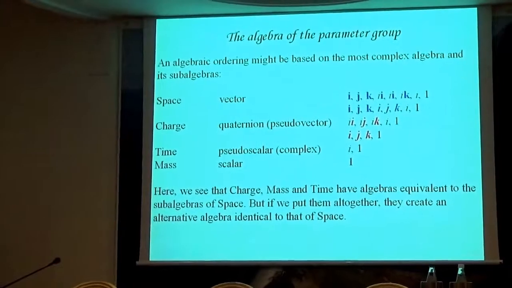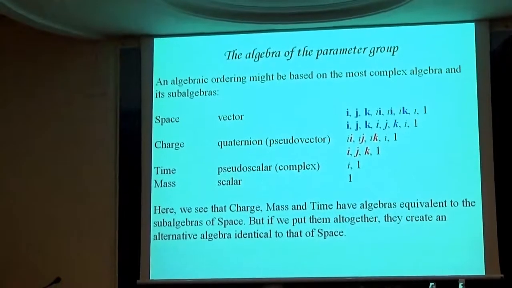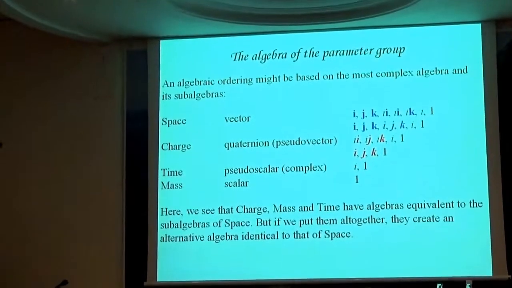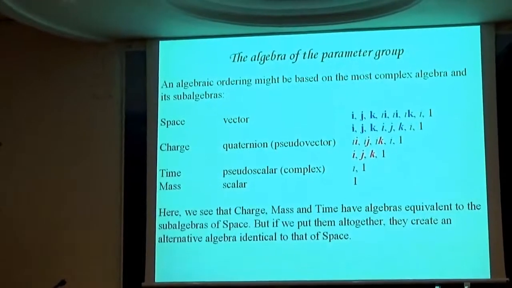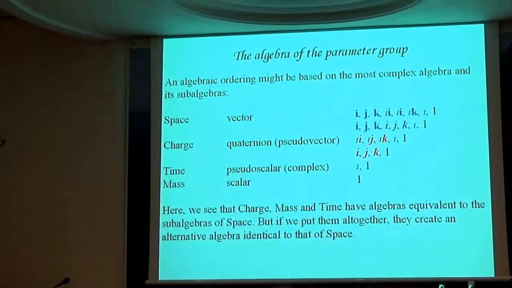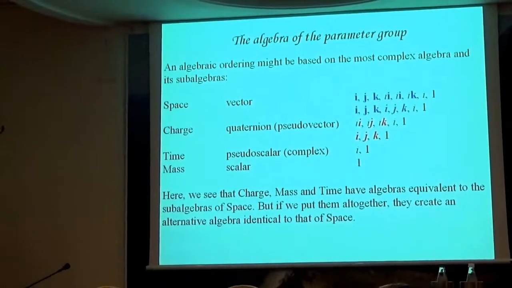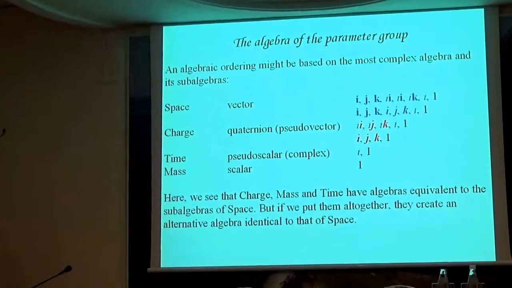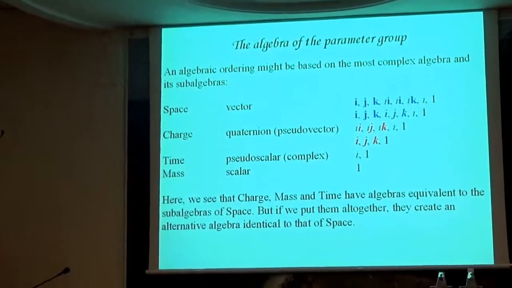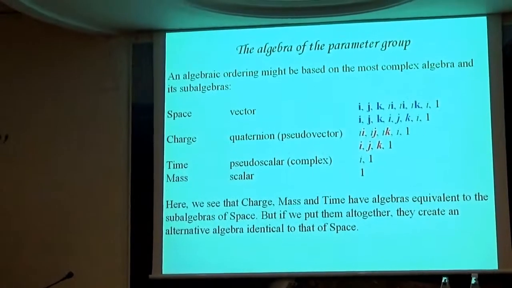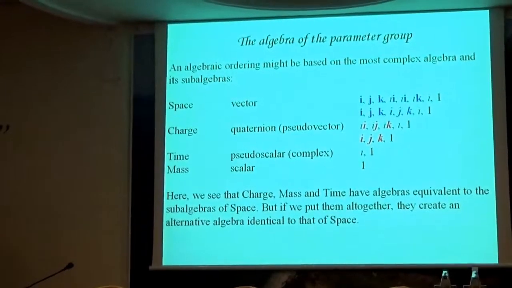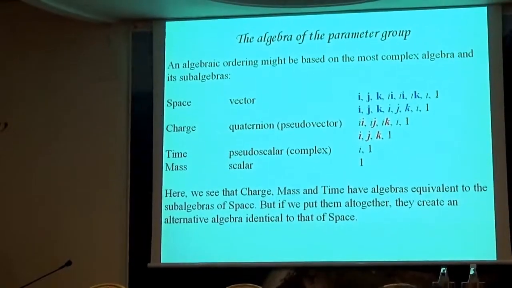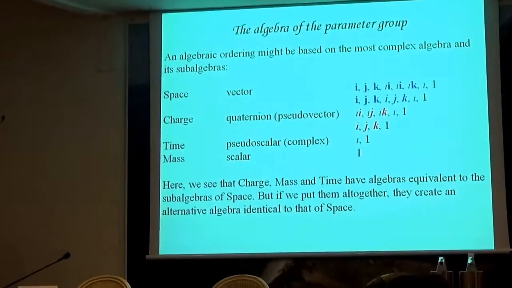If we have a vector algebra, then space also has areas, and it also has volumes. Areas are pseudo-vectors. The first three symbols are vectors. The second three symbols are pseudo-vectors, which are the same mathematics as quaternions. Then we have a pseudo-scalar for volume. This is standard Clifford algebra, and then unit for scalar.